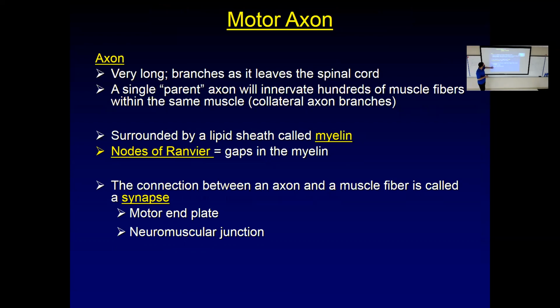Last bit here that I want to really get at is a very specific structure at the end, where the axons are going to come into very close contact with the individual muscle fibers. We're going to call this a synapse or the neuromuscular junction. It's sometimes called the motor end plate. That's an old term. You don't see that very often anymore.